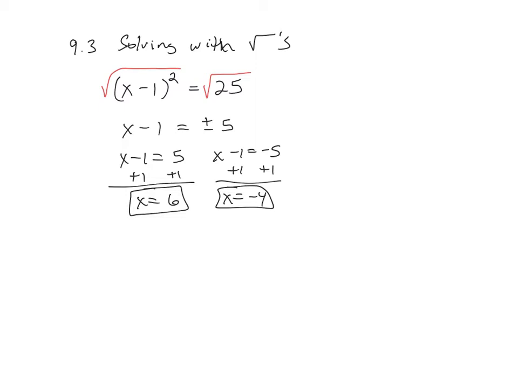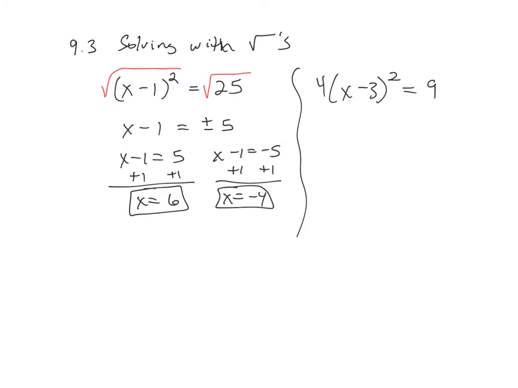So a couple that maybe aren't as simple. Let's say we had 4 times (x minus 3) squared equals 9.